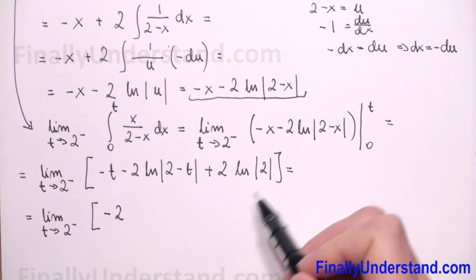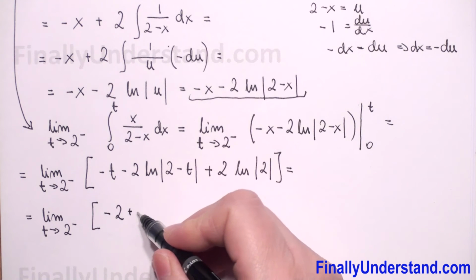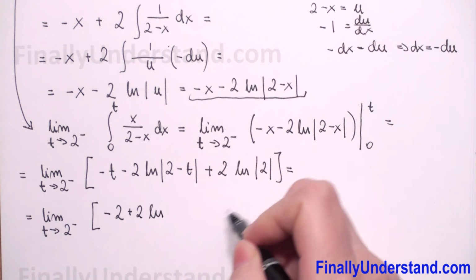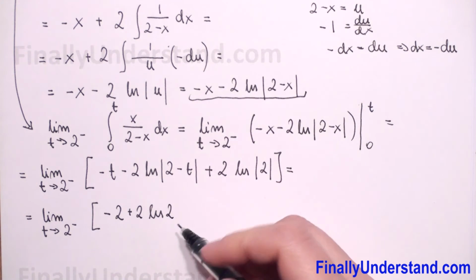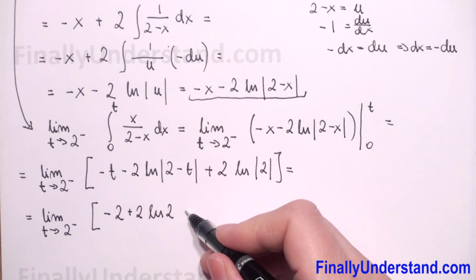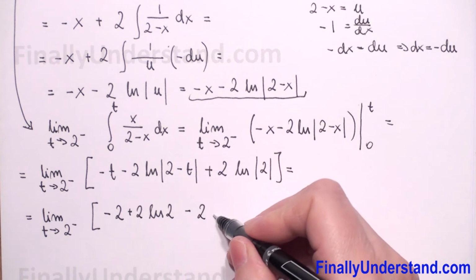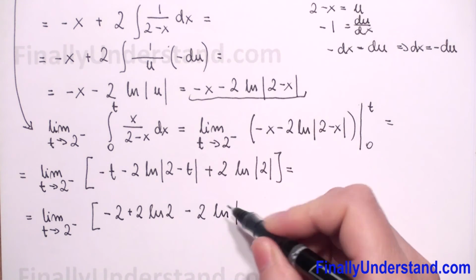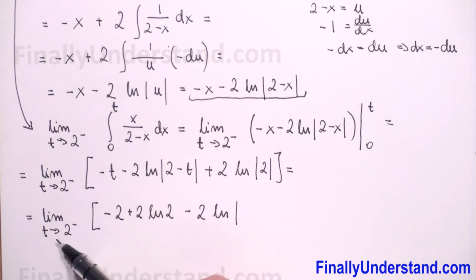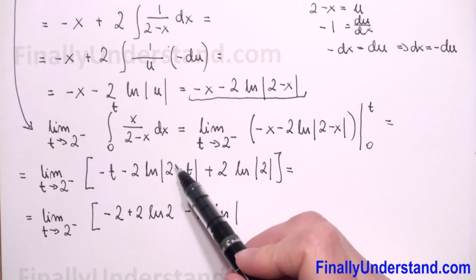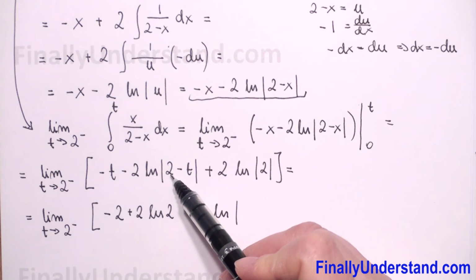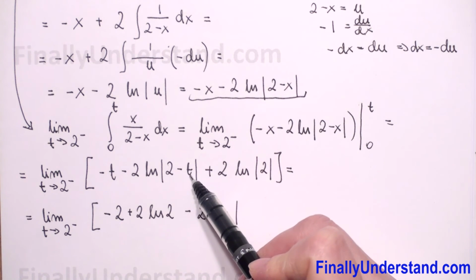Let me put this constant first, so plus 2 natural logarithm of the absolute value of 2, which is 2 natural logarithm of 2, and we have minus 2 natural logarithm of the absolute value, where t goes to 2 from the left side. So we will have 2 minus almost 2.